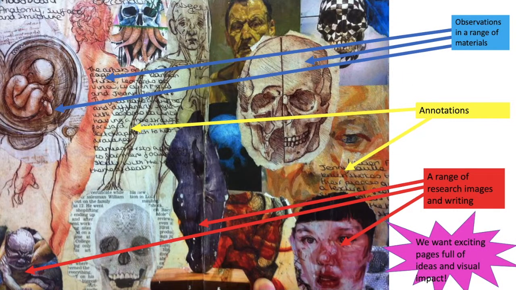This is an example of what your observation pages could look like. You could have observations in a range of different materials, annotations explaining how you did each thing, and a range of research images, so you can include images that have inspired you. We really want your pages to look exciting and full of ideas and visual impact.